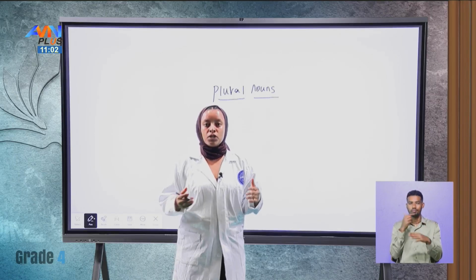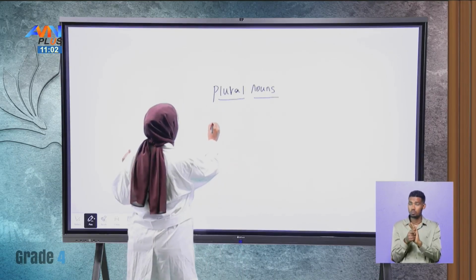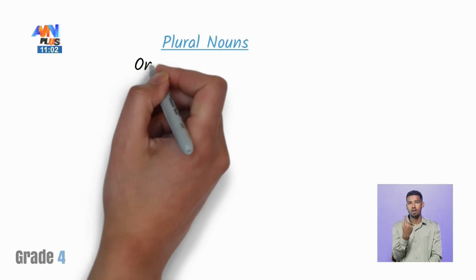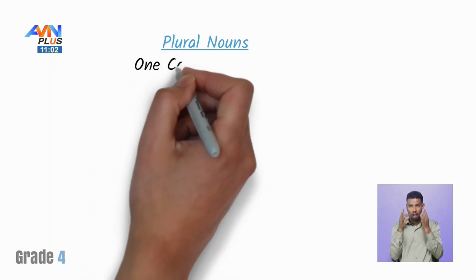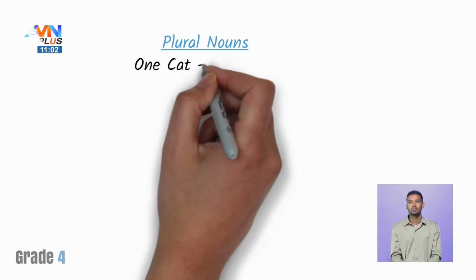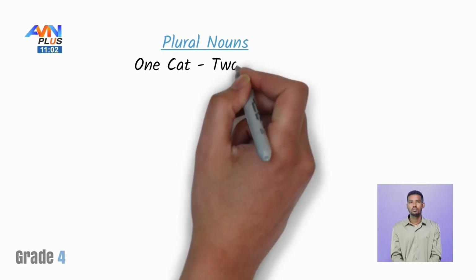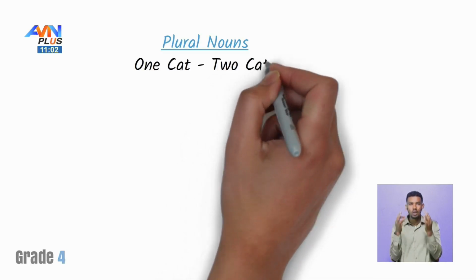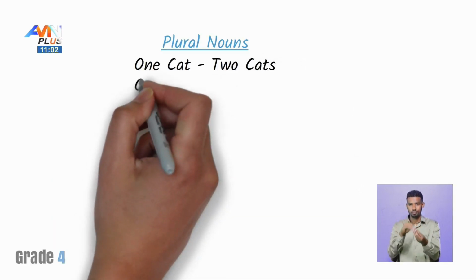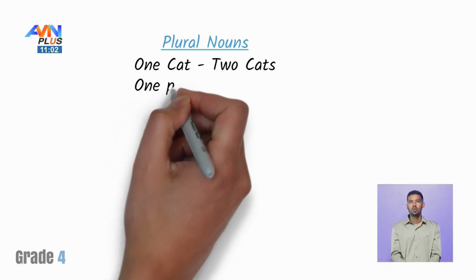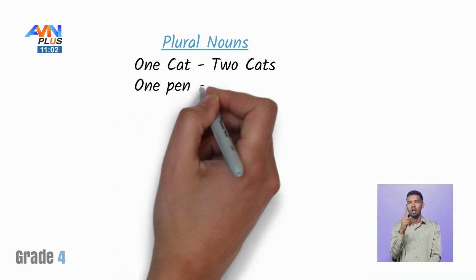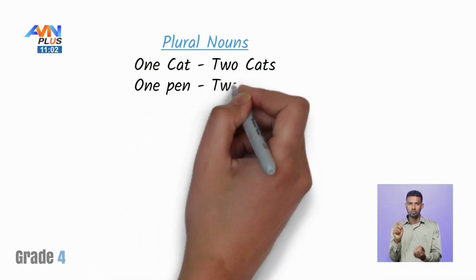Plural nouns. For example, here is one cat, two cats, one pen, two pens.